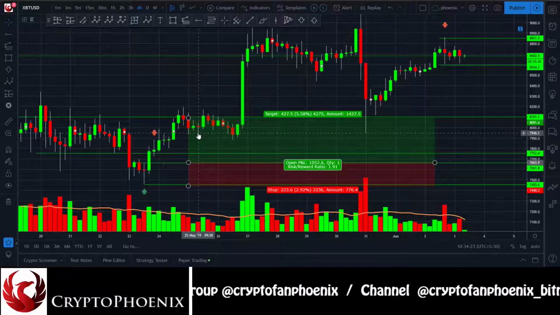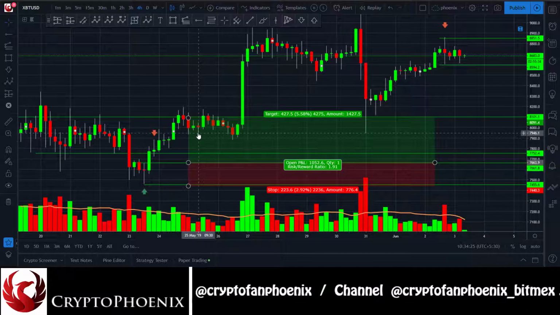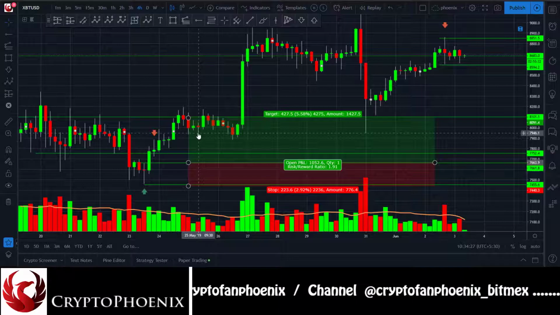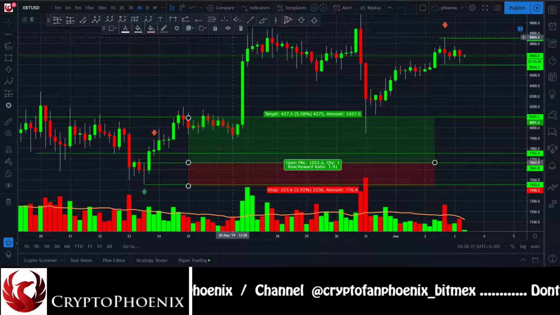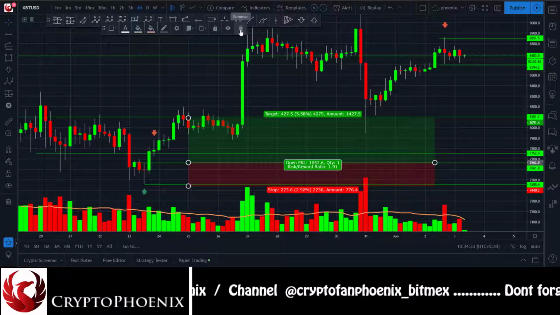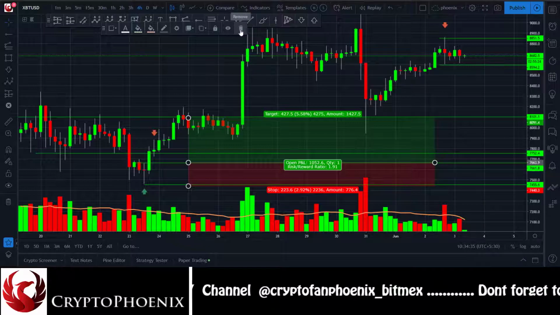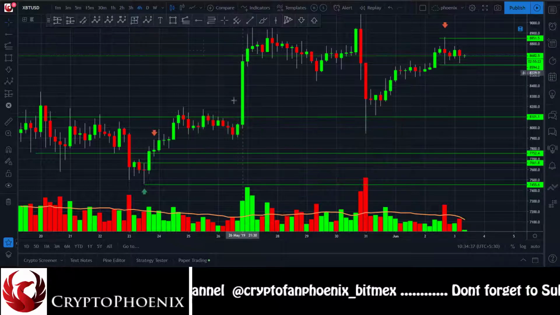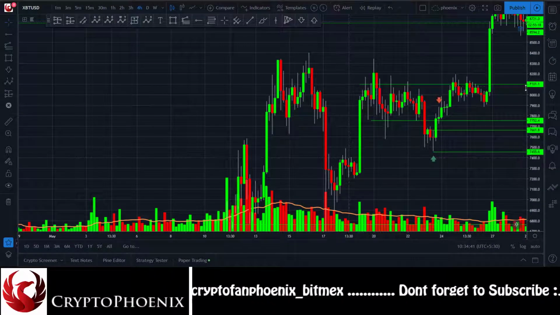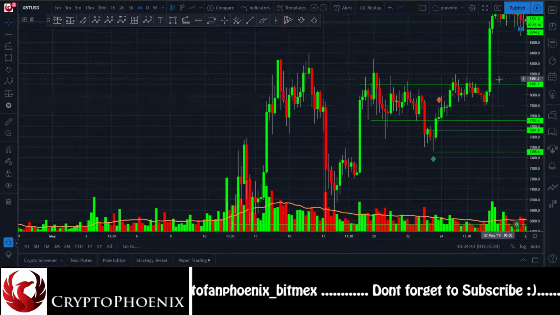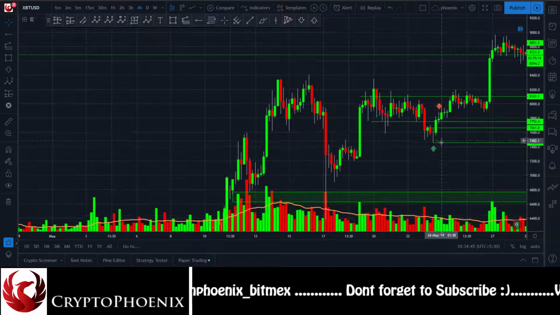So just adding right here and exiting at the resistance level, you can make a few bucks without any complex strategies like Elliott wave, Wyckoff theory, Gann, Fib. All these are complex trading strategies, but if you don't know candlesticks and you are putting everything behind Elliott wave and Wyckoff, it's a waste of time. So the very first lesson we should go through is learning candlesticks and support and resistance.